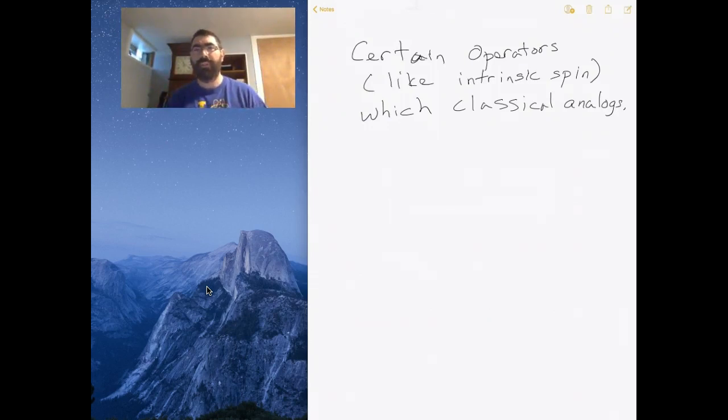But we're going to find out later on that there are certain things that do not have classical variables, but there are quantum mechanical operators to measure them. Spin is one of them, but I don't want to get into what spin is yet. But basically, spin is the origin of the magnetic field from the electrons in the atom.